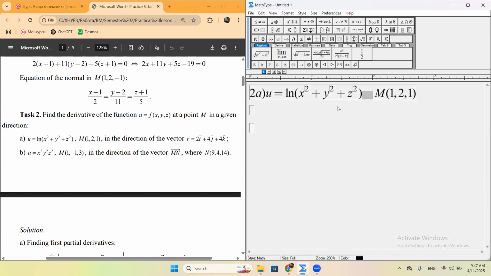And the vector r has coordinates 2, 4, and 4.